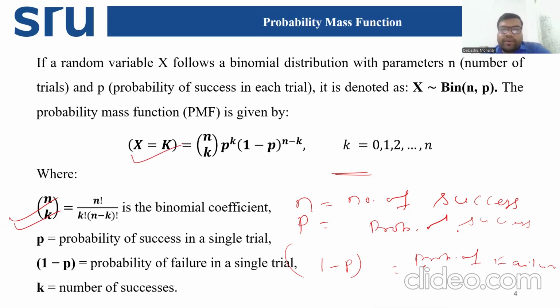This formula is used to calculate the binomial distribution with a given n number of trials and a fixed number k of successes. And p is the probability of success, 1 minus p is the probability of failure in a single trial, because the number of trials is fixed in the case of the binomial distribution.